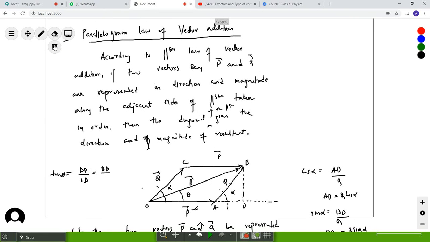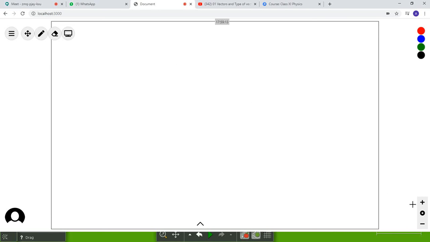To understand it, if I give you two forces, you must have seen this.